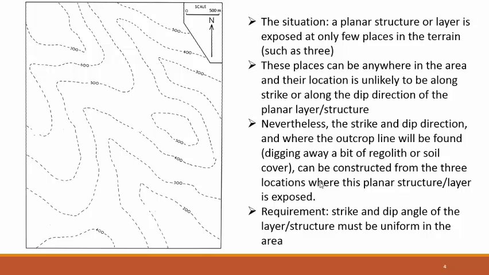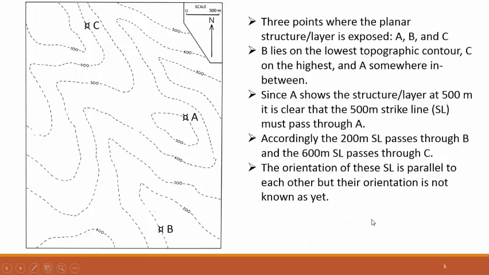The requirement that it necessarily must apply for the 3-point rule to be valid is that the strike and the dip angle of the layer or the structure is uniform in the area of interest. So let's make an example.